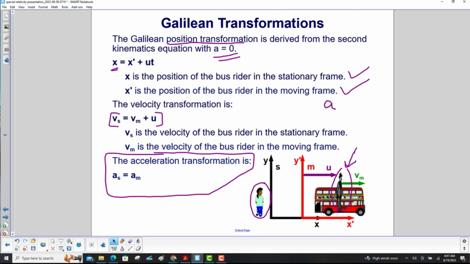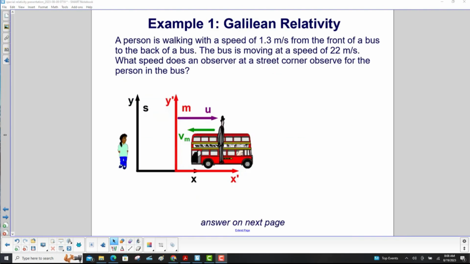Now I know we've been talking about a equal to 0, right? But that only applies to the reference frames. The person here can have an acceleration, but the frames, the S frame and the M frame, must have 0 acceleration. Let's do a couple examples now.